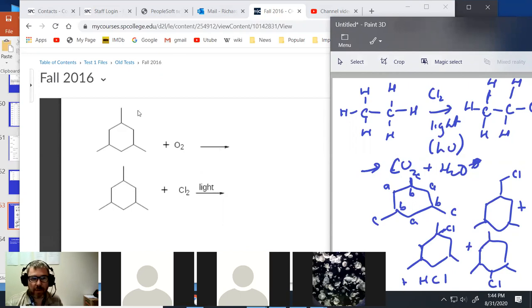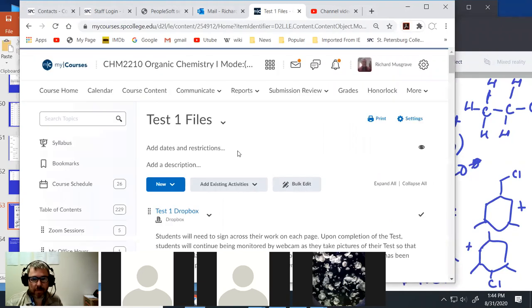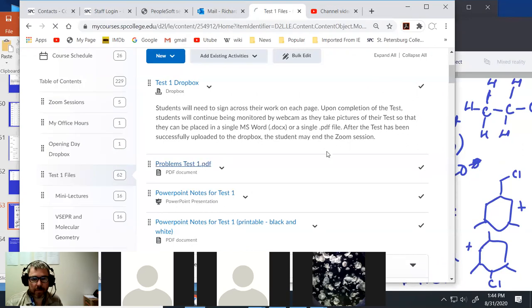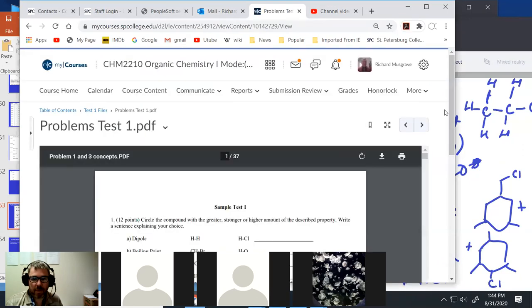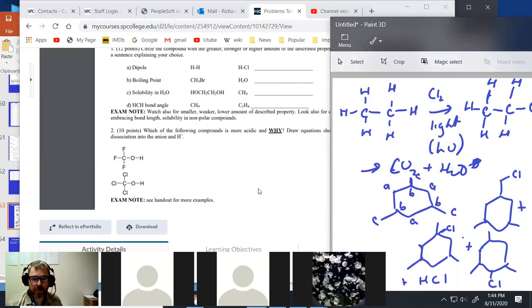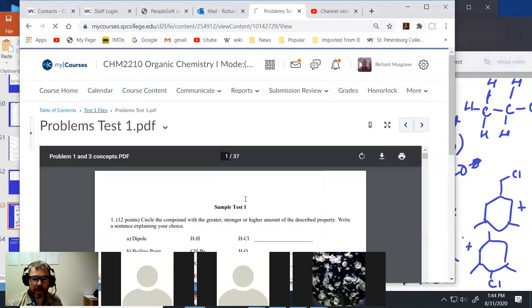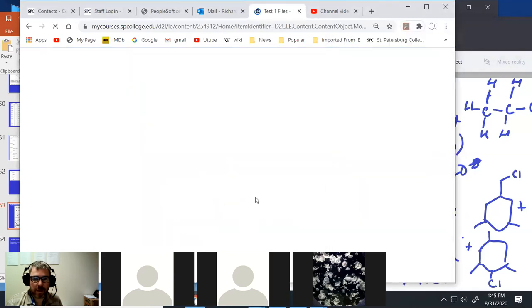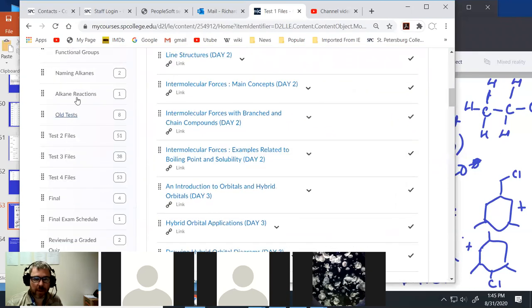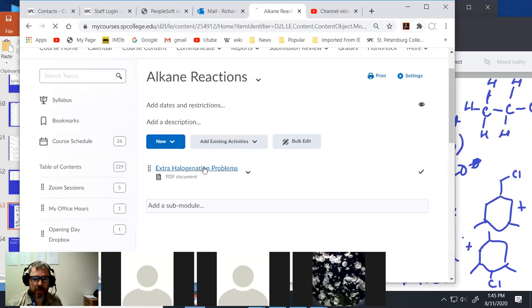Now I do have in the blue book, and I'll just show you this quickly before we head out here, a worksheet for this. I think it's in the blue book, but also in this folder down here, Alkane Reactions.